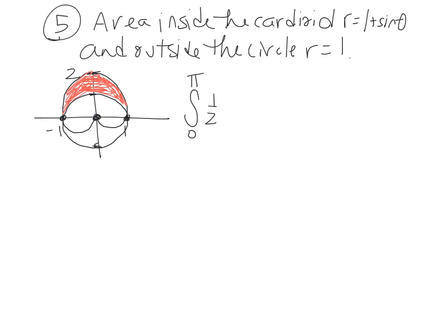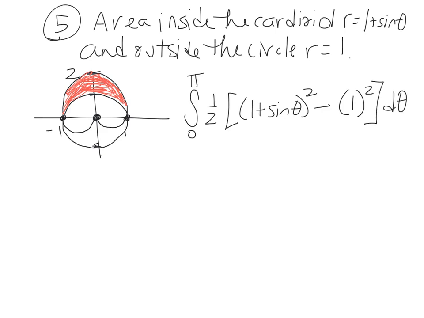Then we have 1/2 of the big R, which is the outer one, which for this problem is the cardioid, 1 plus sine theta squared, minus the smaller interior curve, which is the equation r equals 1, so that's just going to be 1 squared d theta.